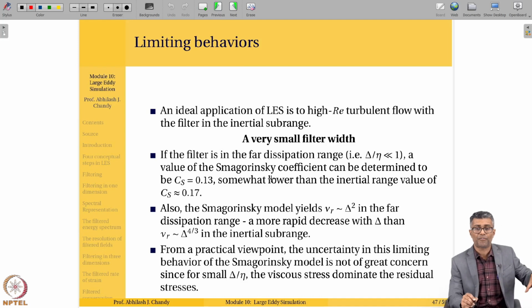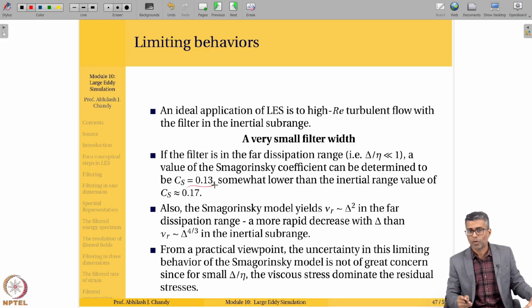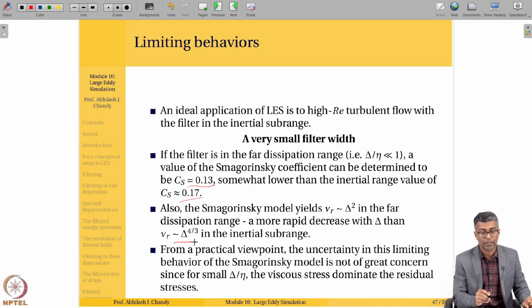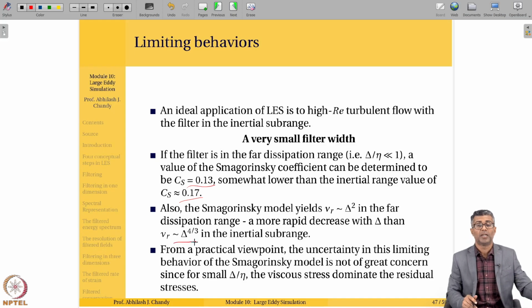If the filter is in the far dissipation range, as in if it is very small, then your Smagorinsky coefficient turns out to be about 0.13, somewhat lower than the 0.17 that we estimated if it was in the inertial subrange. Also, the Smagorinsky model in that case would yield nu_r approximately scaling with delta squared in the far dissipation range, a much more rapid decrease with delta than the delta to the 4/3 that you have in the inertial subrange.